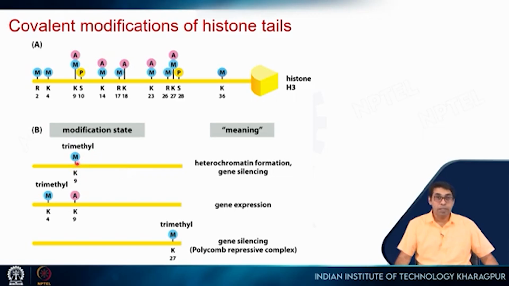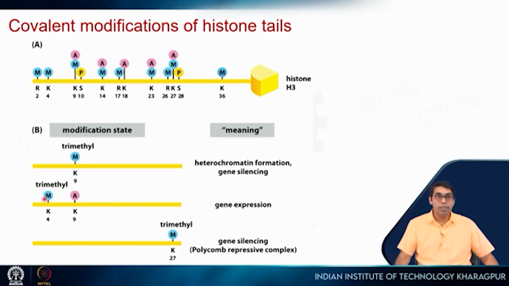For example, if a methylation happens here, it means that heterochromatin formation is favored, so that whatever part of the DNA is there, it will be tightly wrapped and it will not be exposed to, let us say, the polymerase, which means that if any gene is present in that part of the DNA, it will not be accessible to the polymerase. So, no mRNA synthesis will happen. So, that is gene silencing.